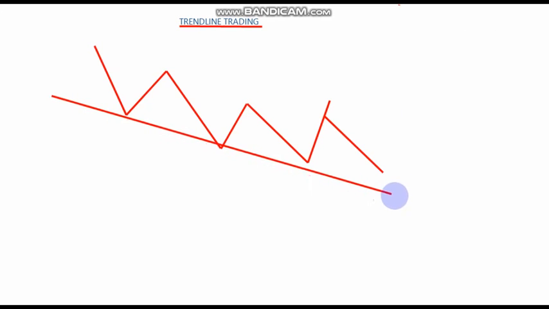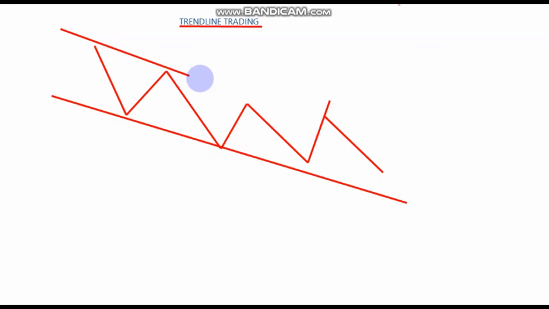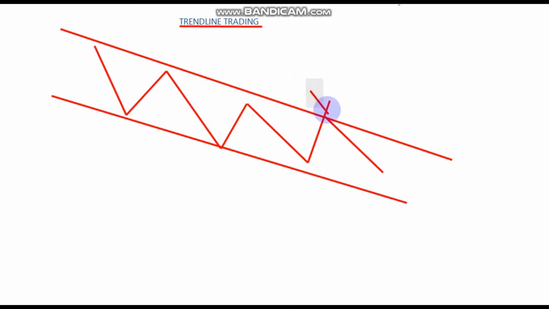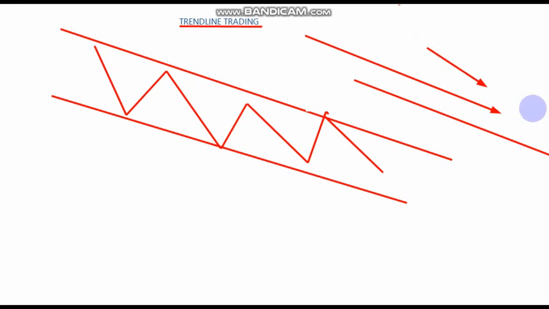You draw the trend line. So I hope you can clearly see. In this area, this is our resistance, a resistive trend line, and this is a supportive trend line, because we are going downward. The overall direction is downward. We are going down, guys.